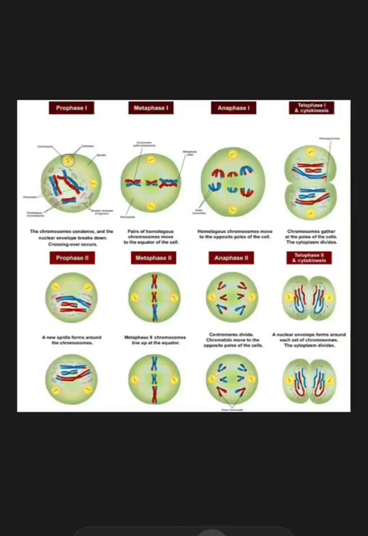As I have said, meiosis consists of 2 separate phases, meiosis 1 and meiosis 2, and between meiosis 1 and meiosis 2 there is a resting phase which is known as interkinesis. In meiosis there is no interphase; it is known as interkinesis, which is a brief period of time between the first and the second meiotic division.